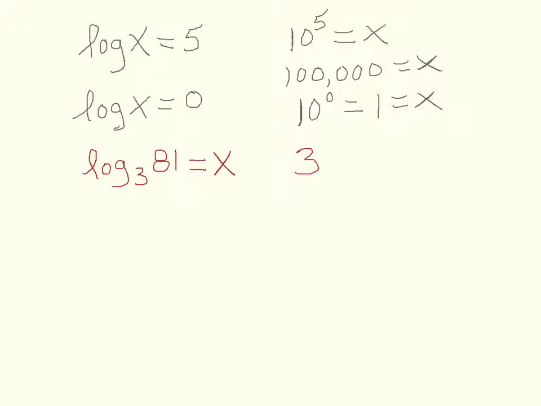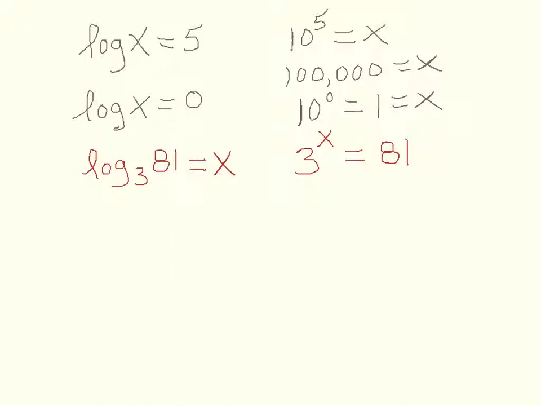So 3 raised to the x power gives us 81. That's what that statement says. So we're asking for how many times is 3 multiplied by itself to get 81.